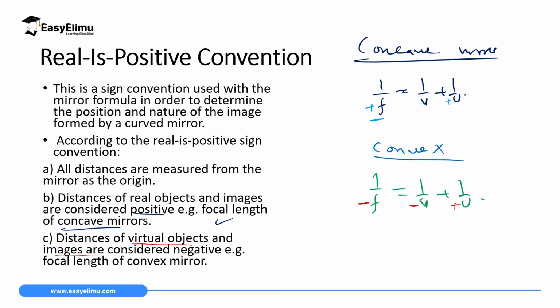So in this case, if you use a mirror formula and you get a negative F, then it means the mirror you are using is a convex mirror. It's only a convex mirror which has a negative focal length, which is behind the mirror.